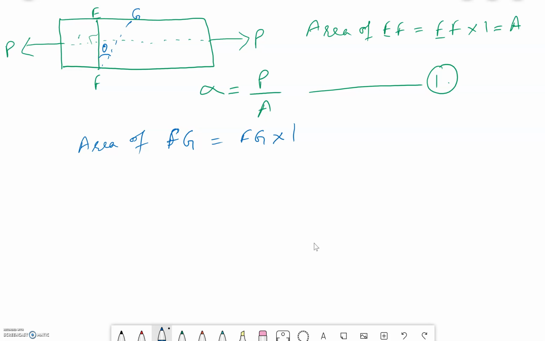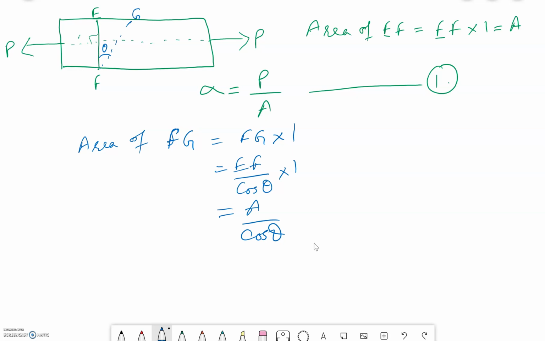Again a rectangle, length into breadth. But we know from the trigonometric relationship in this triangle EFG that FG will be EF by cos theta times 1. Now going back, EF times 1 is nothing but A, so it is A by cos theta. So that's the area of section FG.